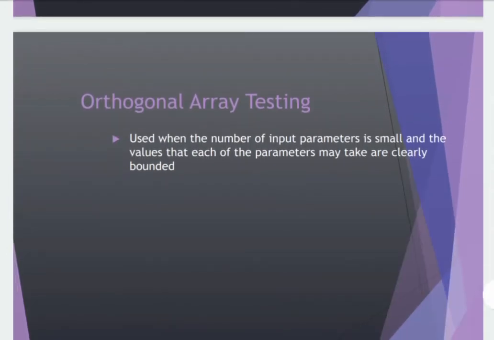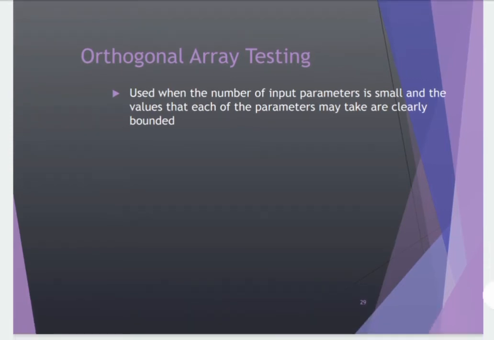Next is orthogonal array testing. It is used when the number of input parameters is small and the values that each parameter may take are clearly bounded. This is like boundary value analysis, where the data is divided into different values, such as the number of units bought or the price per unit.